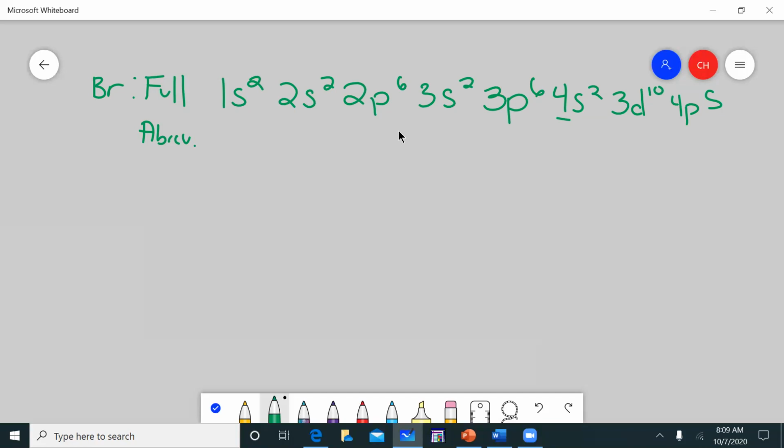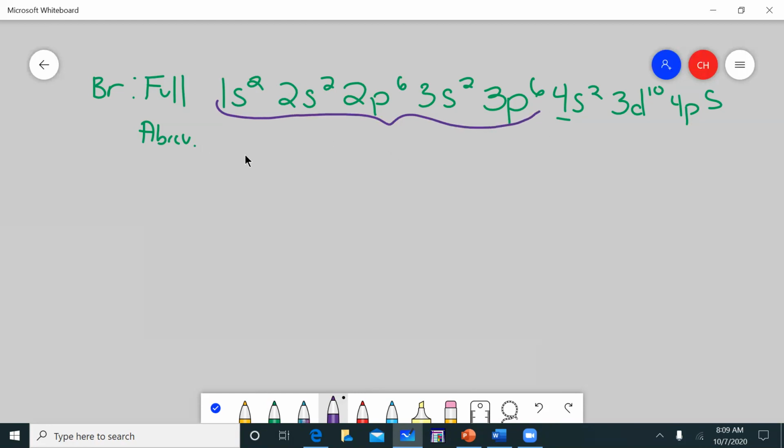Now, if we're going to do the abbreviated version, you abbreviate with the noble gas before, not after. So bromine is super close to krypton, I know, but we don't get to use krypton for the abbreviation. Instead, we have to use argon. And looking here, argon is this configuration here, from there all the way to there.